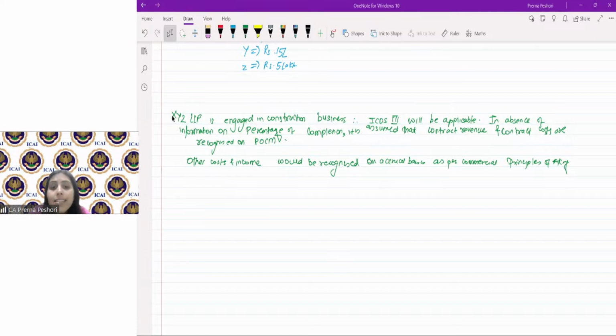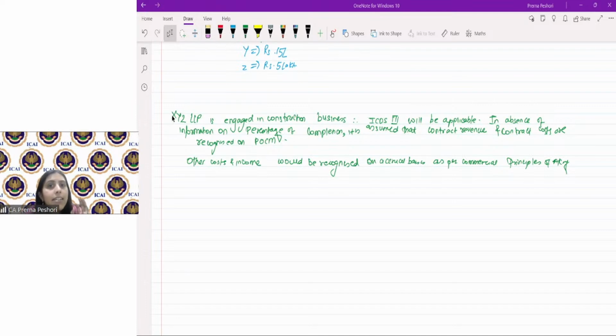If you look at ICDS 3, it says that the contract revenue will include the retention money as well. But the retention money will be recognized only when there is a reasonable certainty of the ultimate collection. So ICDS 3 says that the contract revenue and contract cost are to be recognized on the percentage of completion method.